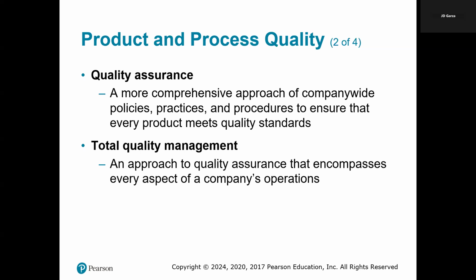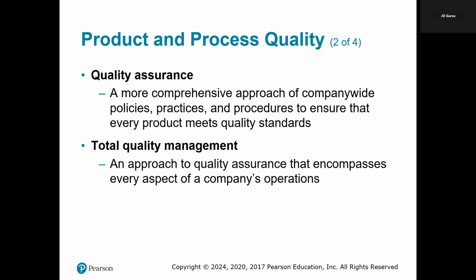Quality assurance represents a comprehensive, proactive strategy to prevent defects throughout the production process. It involves setting company wide policies, procedures, and best practices that ensure every product meets established standards before reaching the customer.